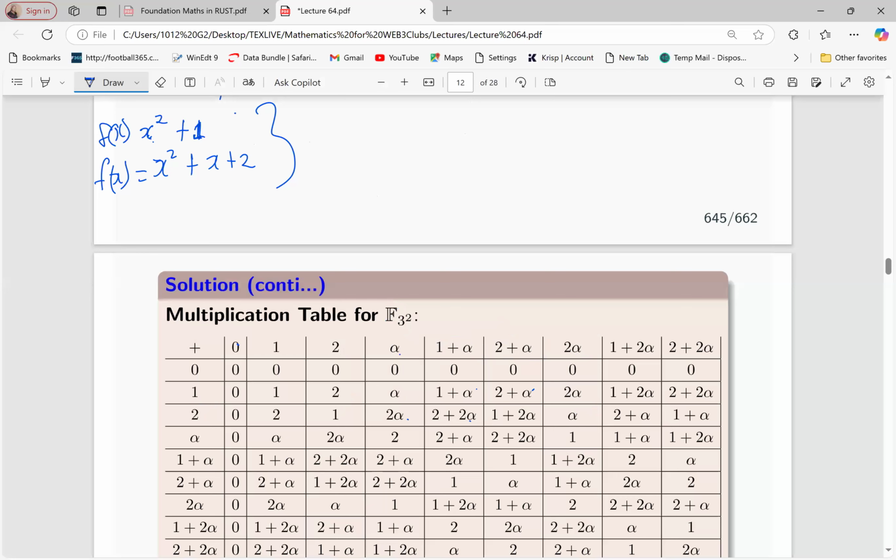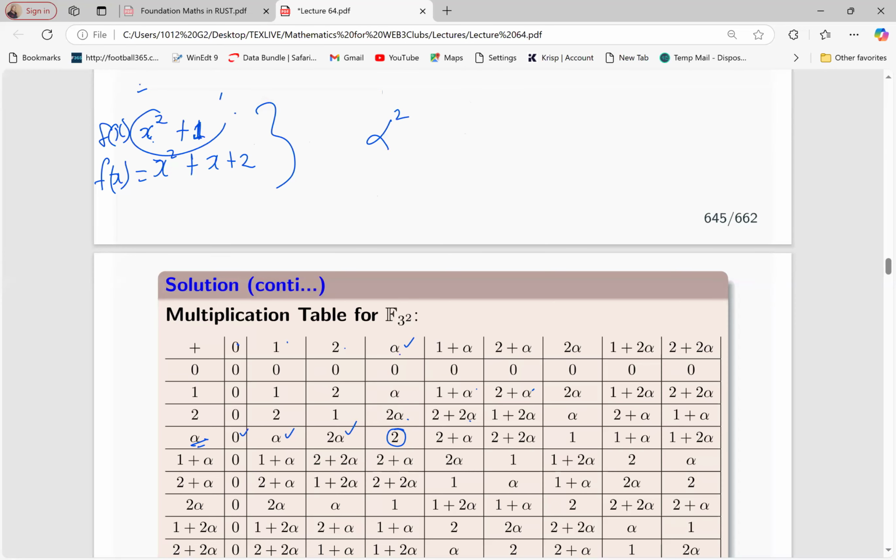Let me multiply by alpha. This gives me 0. This gives me alpha. This gives me 2 alpha. Alpha times this gives me alpha square. And we've chosen this polynomial, so let's use that.